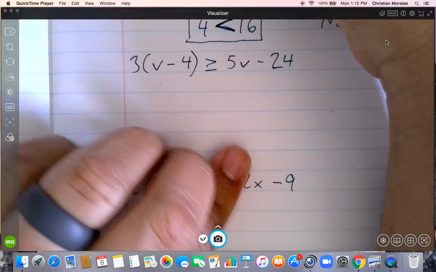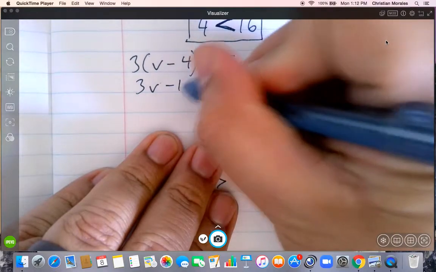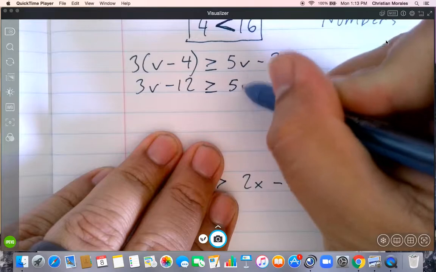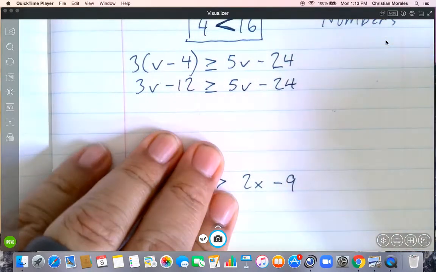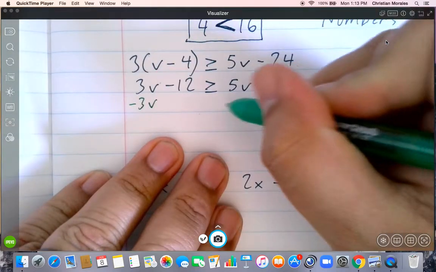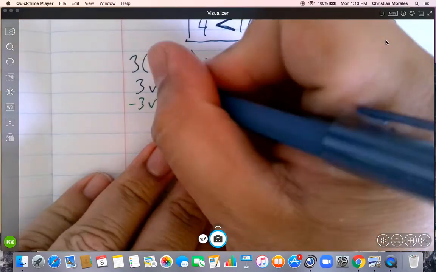Okay, let's move on to the next one. Again, you have to distribute. So I get 3v minus 12 when I distribute. 5v minus 24. Again, you don't want variables on both sides. I'm going to move this one by using inverse operations. This one will cancel out.